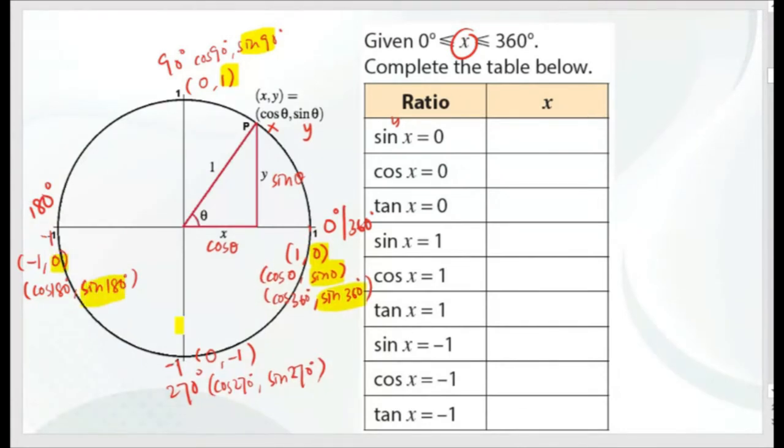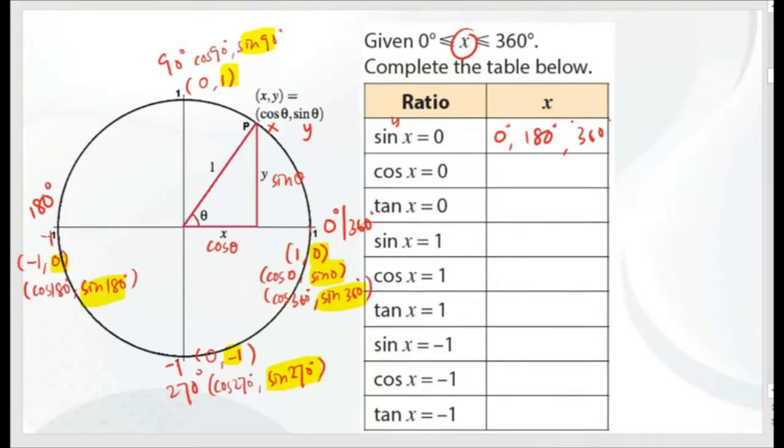Which one has the value 0? Sine x equals 0, so you will get 0 degrees and 360 degrees, and one more, 180. So x will be 0, 180, and 360.